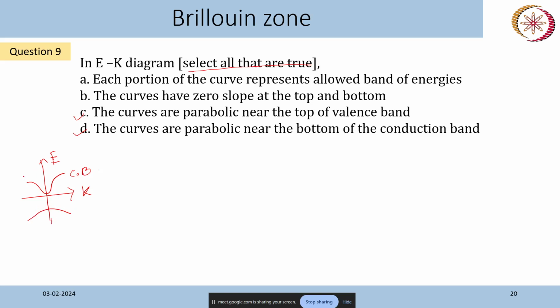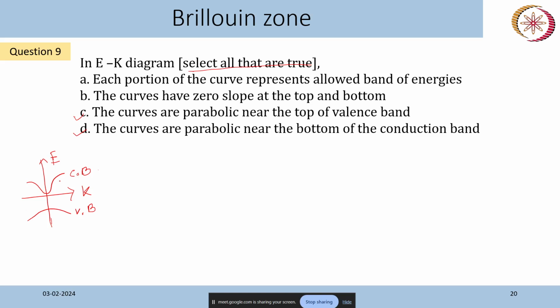There will be bands above and below, but we will mainly concentrate on the valence band and the conduction band because these are most interesting for us. There will be electrons in the conduction band if there is current flow, and there will be holes in the valence band, and current will flow because of these holes.